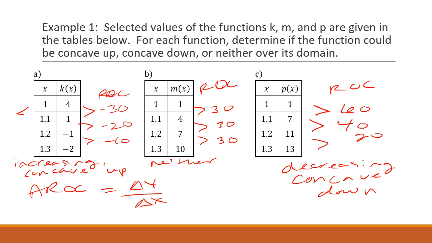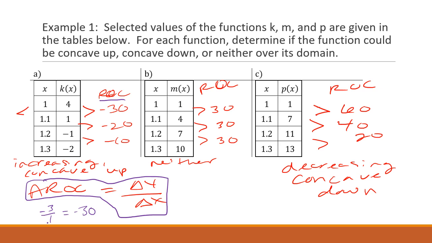For the first function k, the change in y is 1 minus 4, which is negative 3, over 1.1 minus 1, which is 1/10, and this equals negative 30. That's how we found the rate of change, and we did this repeatedly following the rule of average rate of change equals the change in y divided by the change in x.